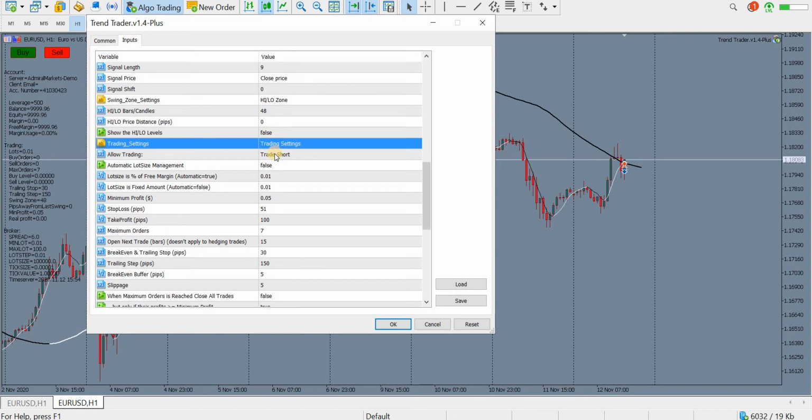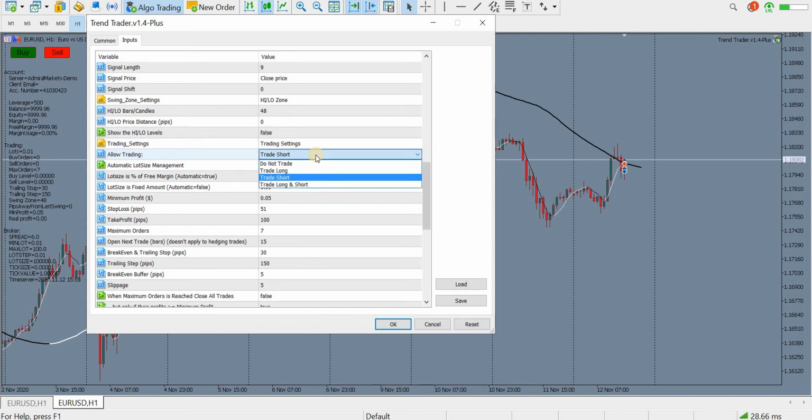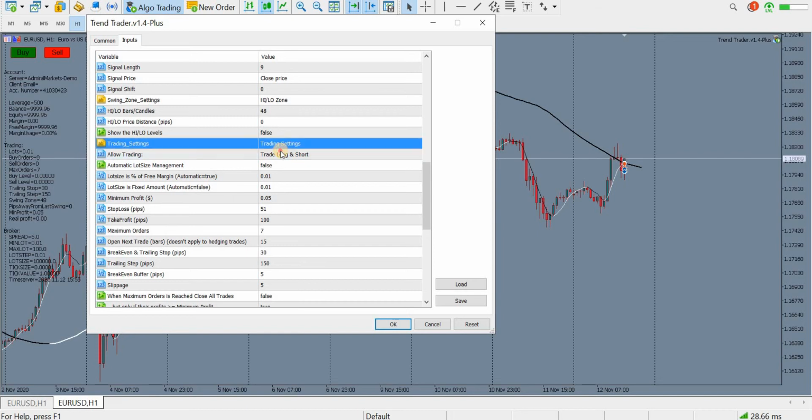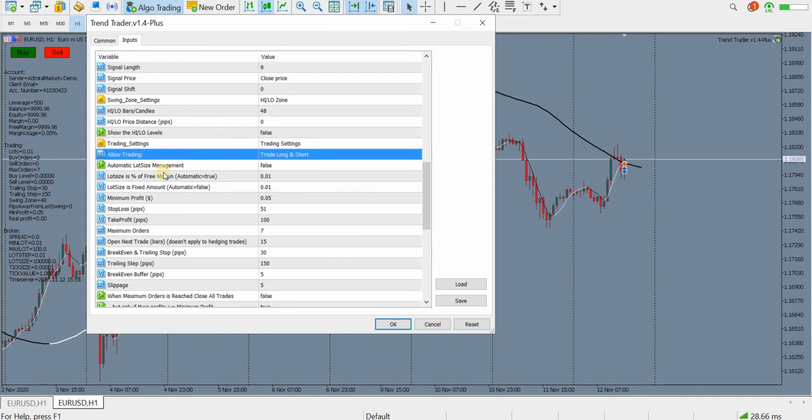About the trading sessions, we can have the expert advisor trade only long trades or short trades or both of them, or restrict trading, don't allow it to trade at all. Obviously, if you wanted to trade automatically, just plug it in, find good settings, and let it do its job. You will have both of them.